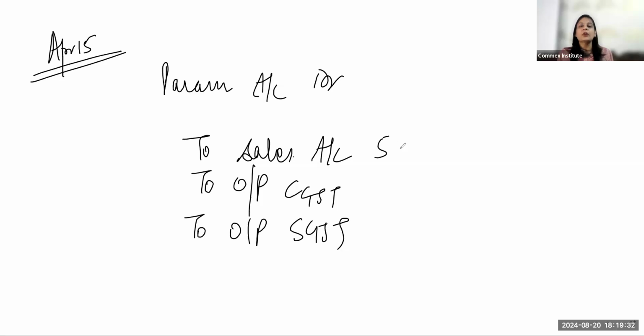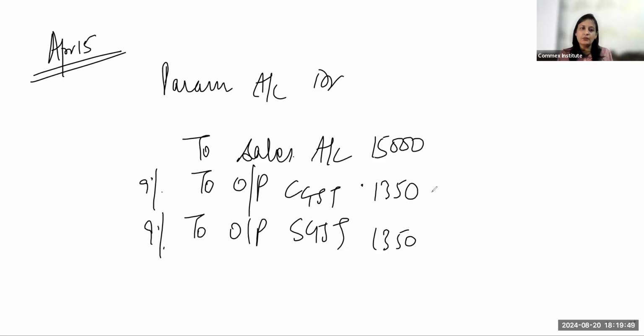The April 15 transaction is 15,000. Then this will be 1,350 and 1,350 at the rate of 9%. 9% and 9% of 15,000. So this becomes 2,700. So it will become 17,700. Right?